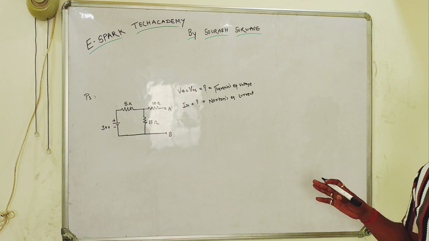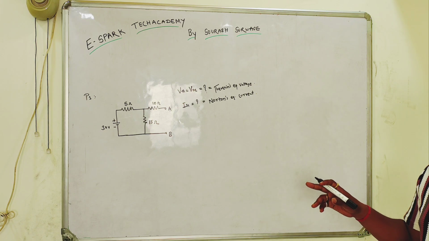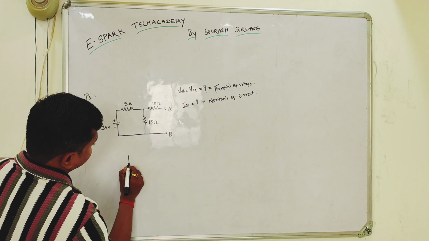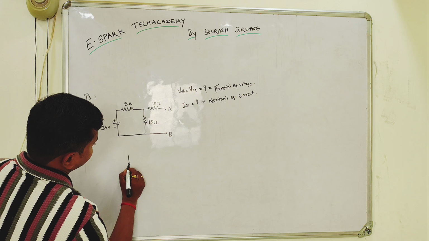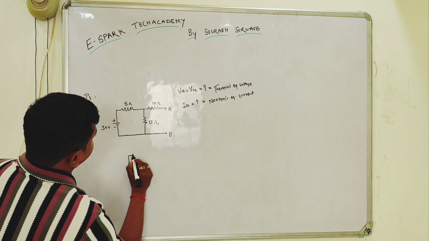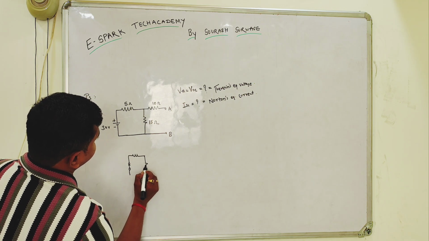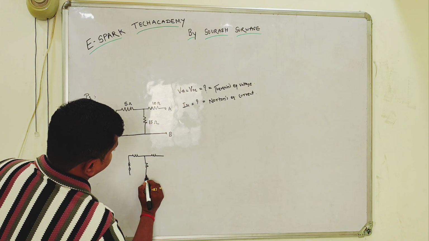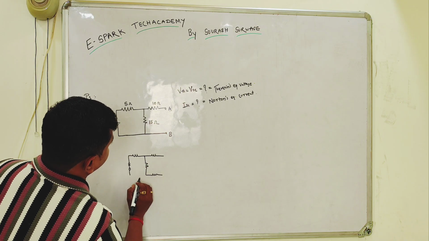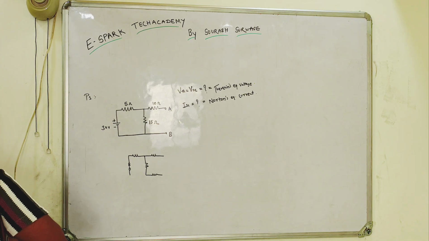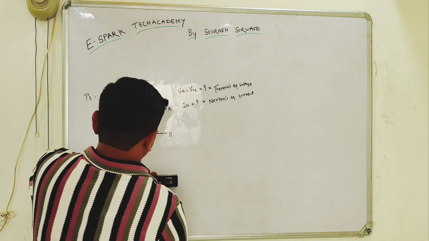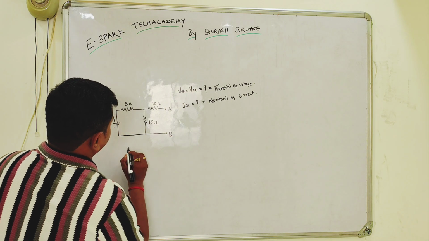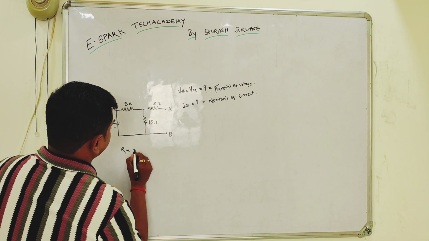While calculating resistance, if the voltage source is given, it will be replaced by a short circuit, meaning a closed switch, you can say. Now we will be calculating the RTH actually.